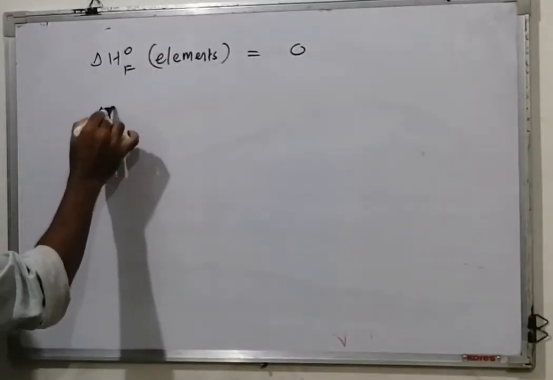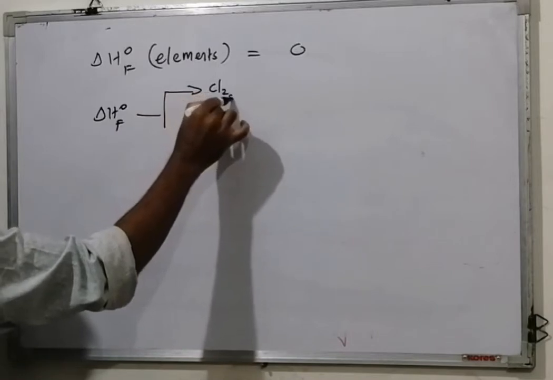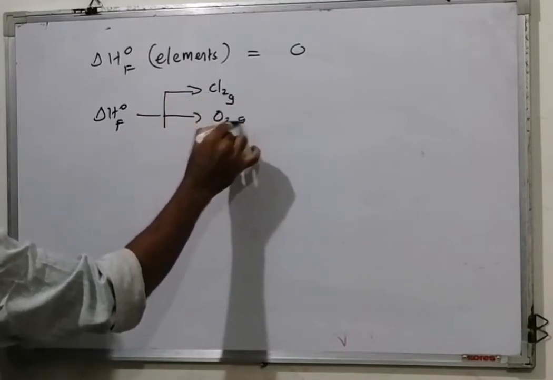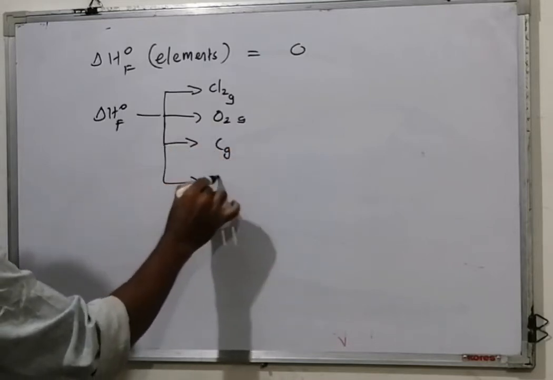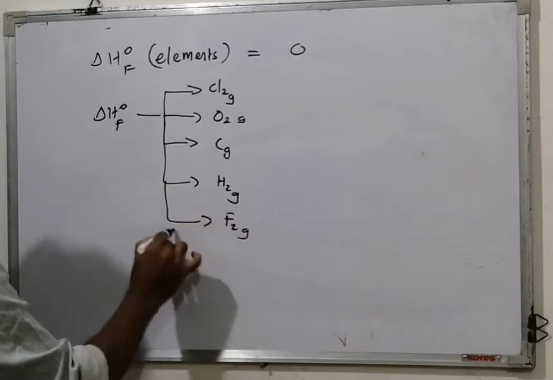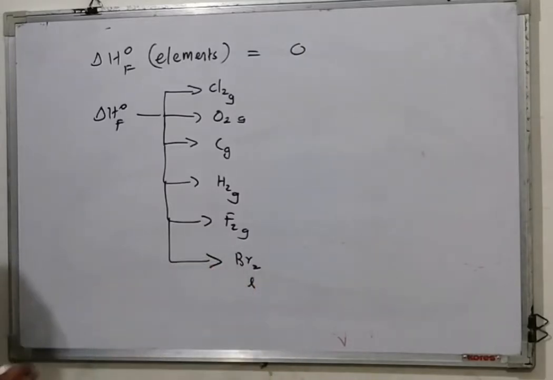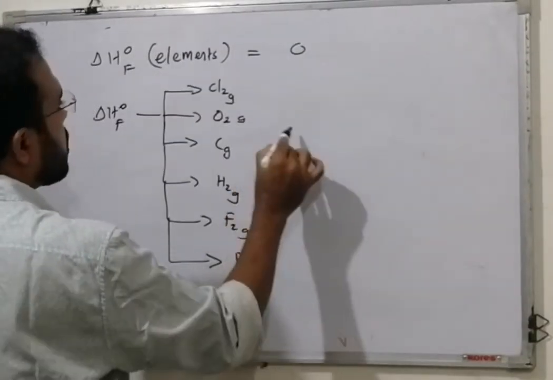That is, delta H0 formation of chlorine, gaseous state, oxygen, gaseous state, carbon, graphite, hydrogen, gaseous state, fluorine, gaseous state, bromine, liquid state, any element in the standard state is equal to 0.